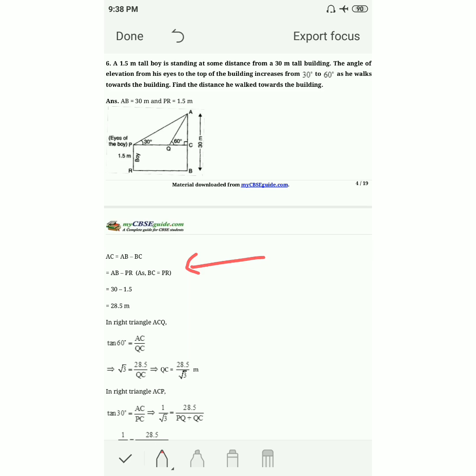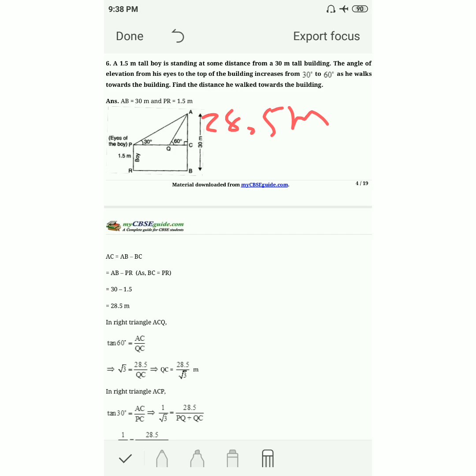That's why we can write PR in place of BC. Now we know the value of AB and PR, so just put the values. AB is 30 and PR is 1.5. So 30 minus 1.5, so AC is equal to 28.5 meters.